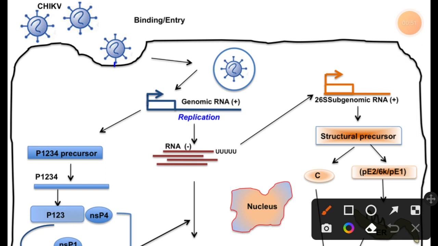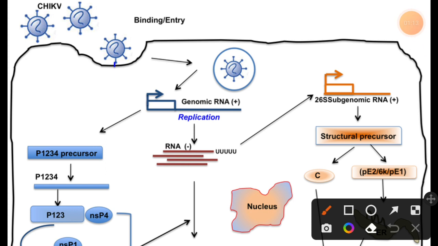And as they are alphaviruses, remember that all the viruses under the genus Alphavirus have an icosahedral capsid, along with an envelope. That means the virus is an enveloped virus with an icosahedral capsid.